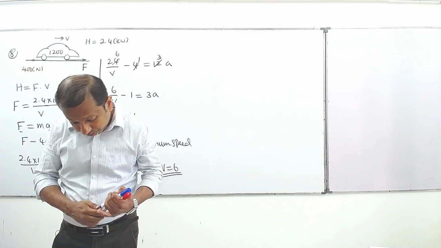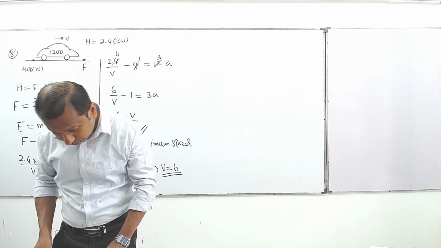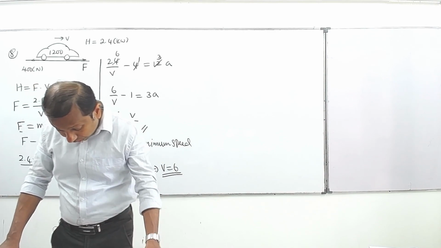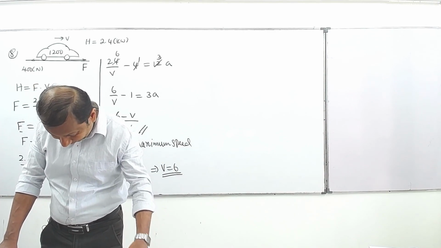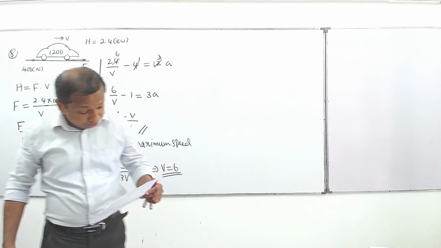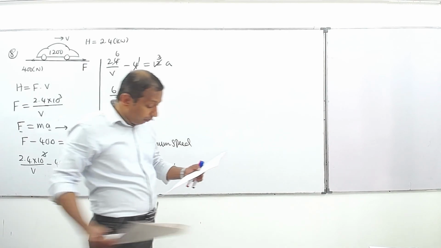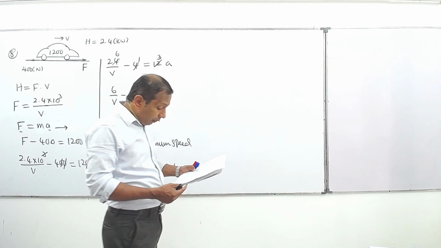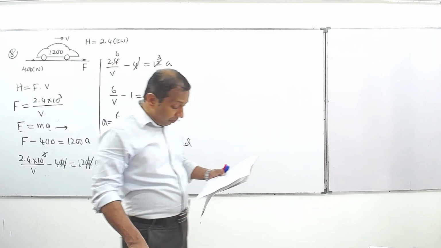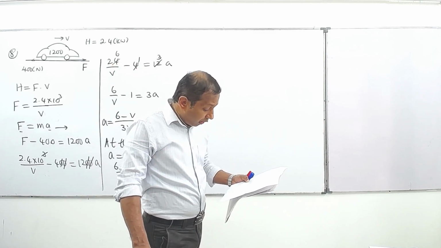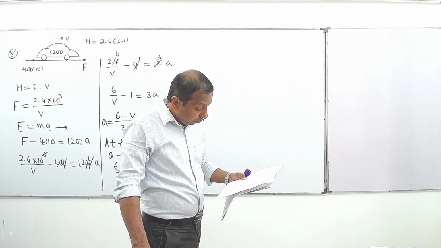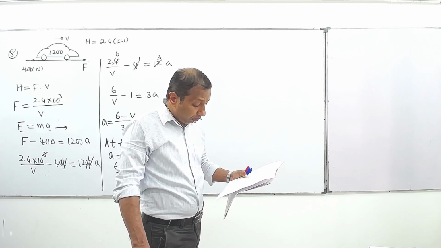Number 9 next. Number 9 says a uniform rod AB of weight 5W and length 2a is smoothly hinged at A. The rod stays in equilibrium, making an angle pi by 6 with the horizontal, by a force F applied at B, perpendicular to the rod.